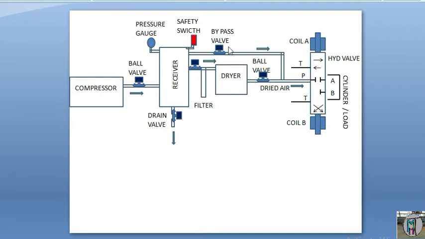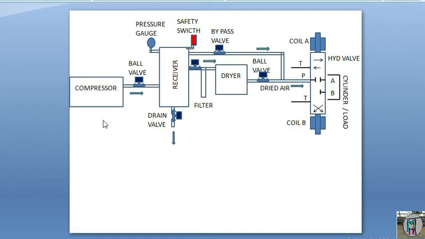So this is the system: suppose the compressor is running and we don't want any air outside, we can close this. It means we can always store 7 bar pressure, or 10 bar, whatever we have set.